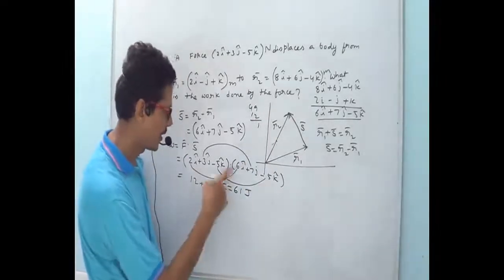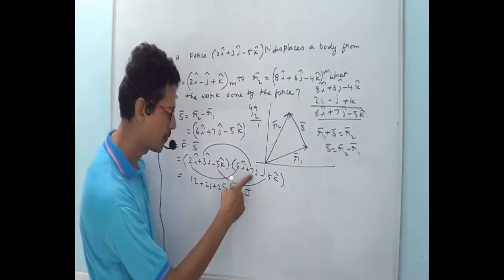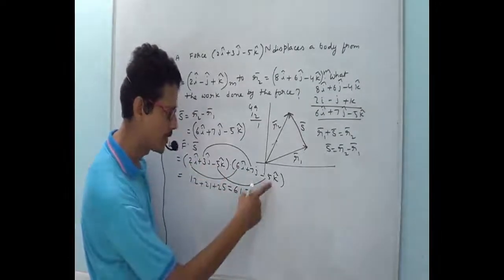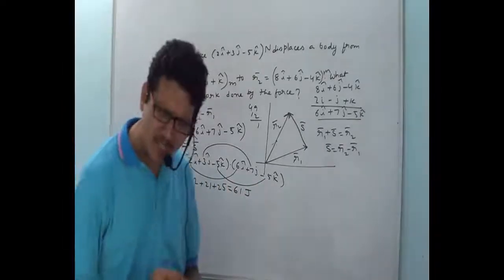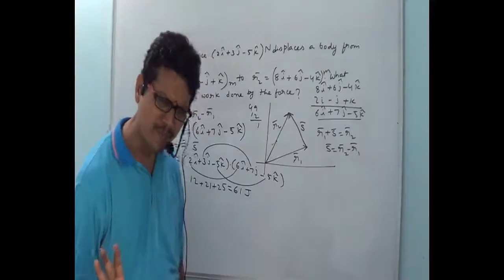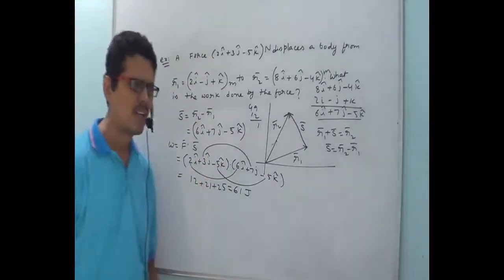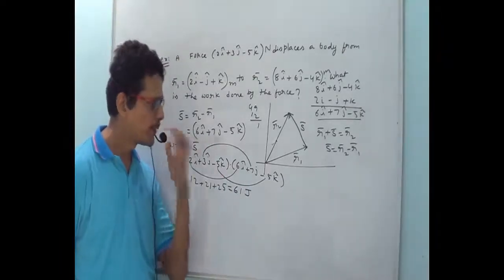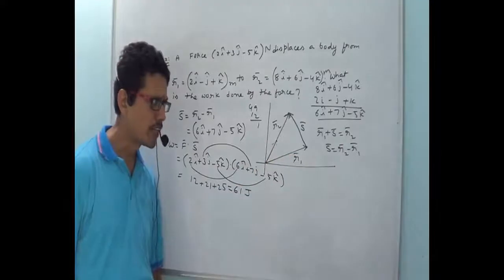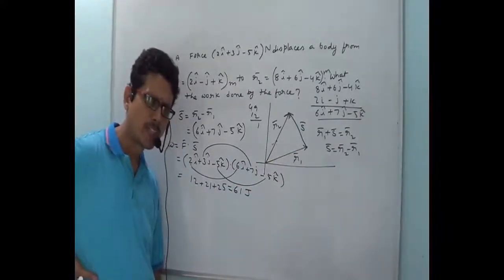Okay. AX BX plus AY BY plus AZ BZ. Okay. What is dot product? Multiply the like components and add. Note down this. First of all, what we need to find, displacement we have to find. So that is the formula of displacement. Final position vector minus initial position vector is the displacement vector.